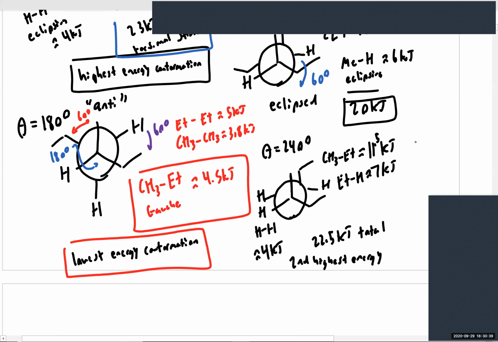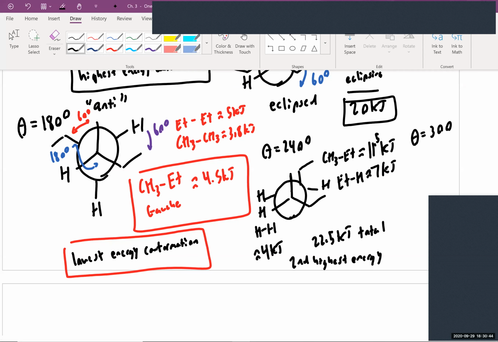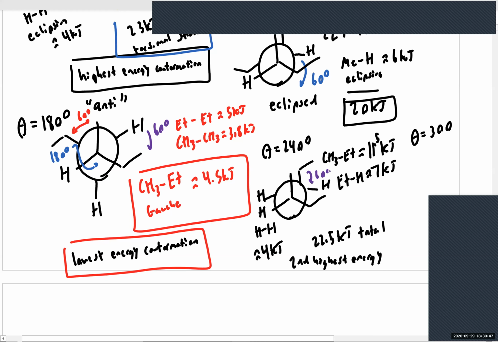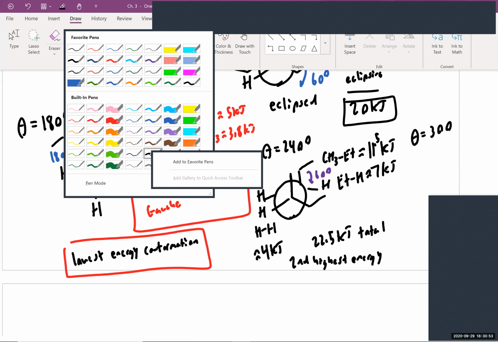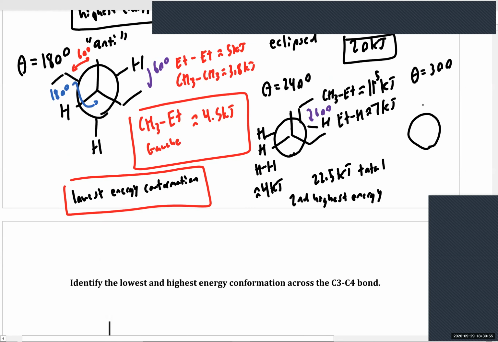Okay, and then finally, for completeness' sake, at 300 degrees dihedral angle, if we rotate these back substituents another 60 degrees, just to fill out our diagram, we have a methyl-ethyl Gauche interaction, and we have an ethyl-ethyl Gauche interaction.